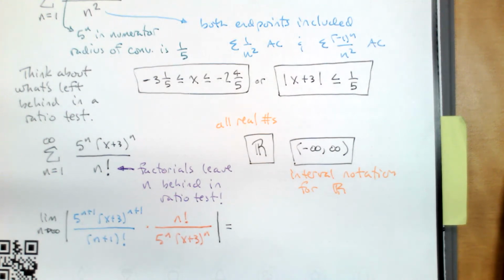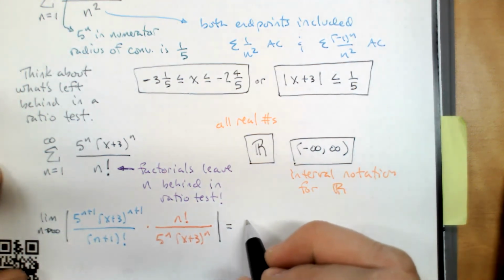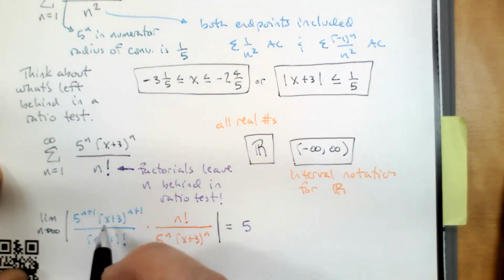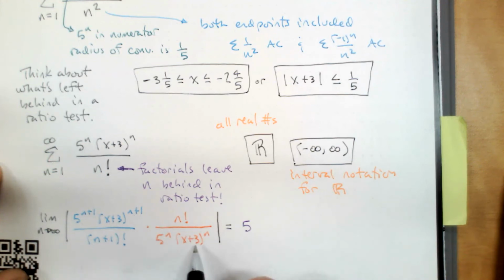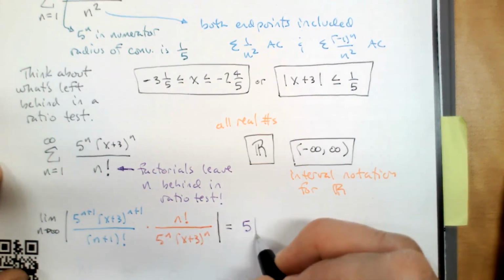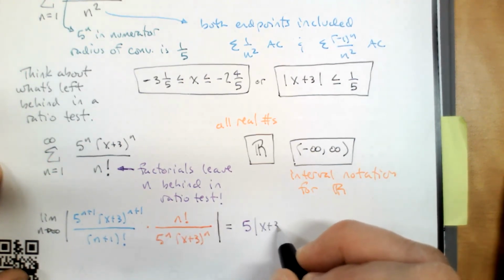Now the exponential stuff, when it cancels out in the ratio test, leaves behind one power. 5 to the n plus 1 over 5 to the n will leave behind a 5. x plus 3 to the n plus 1 divided by x plus 3 to the n will leave behind an absolute value of x plus 3.